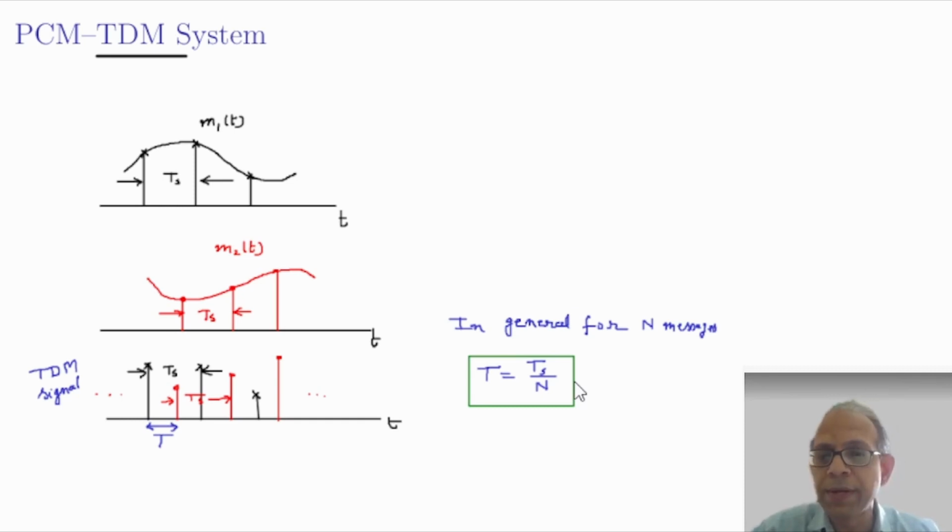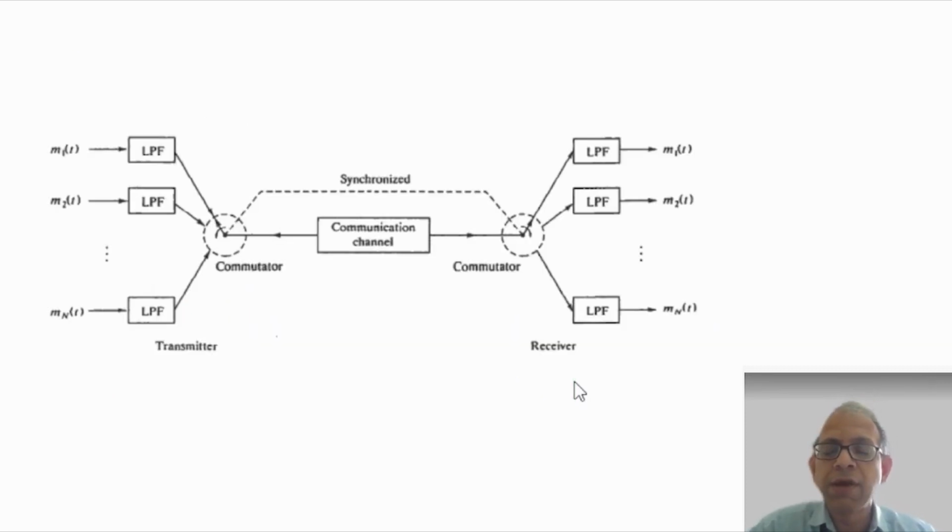A way to implement such a time division multiplexing system is to use commutators, which are high speed electronic switches. The process is as follows. At the transmitter side, suppose there are N signals M1(t), M2(t) up to MN(t) to be time division multiplexed. Before sampling, these signals are passed through low pass filters.